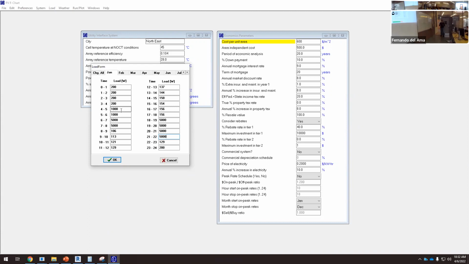Okay, so that's why if we want to be a zero energy, it would be better consuming the energy at the same time than producing energy. If I don't have batteries, I can't do that. If I have batteries, probably I could store all this energy that I'm producing here, and then I can use it afterwards. But I need batteries.